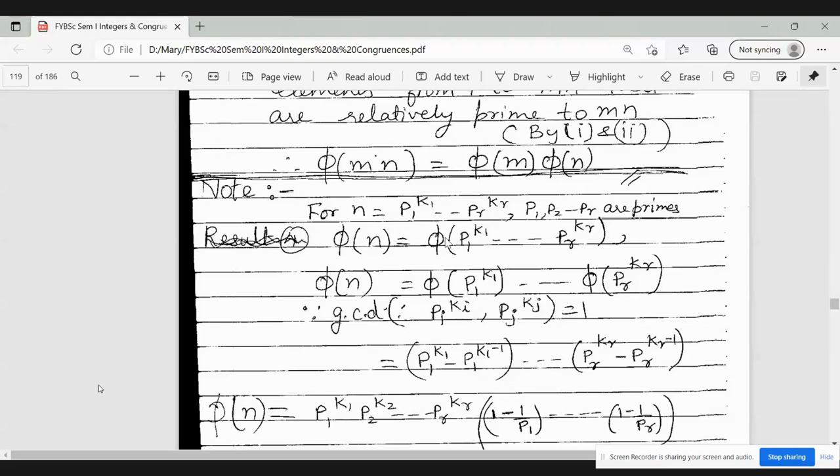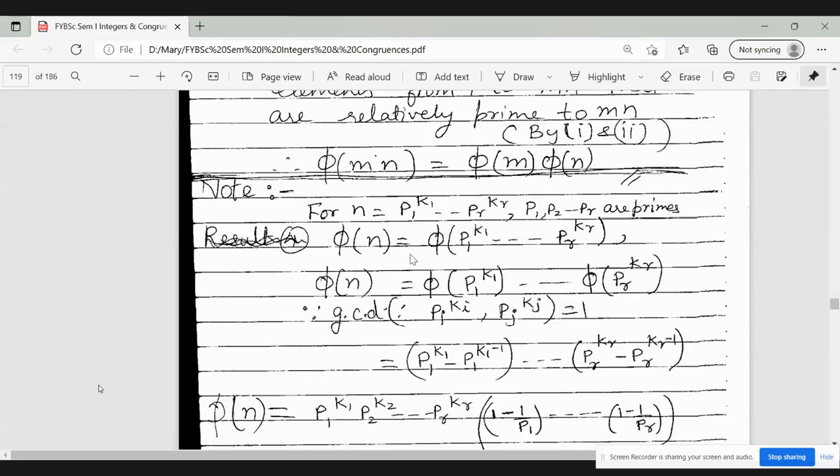So how to find out this phi of n? I'm writing the prime factorization. Phi of p1 raised to k1. The prime power factorization of any number can be written by the fundamental theorem of arithmetic.